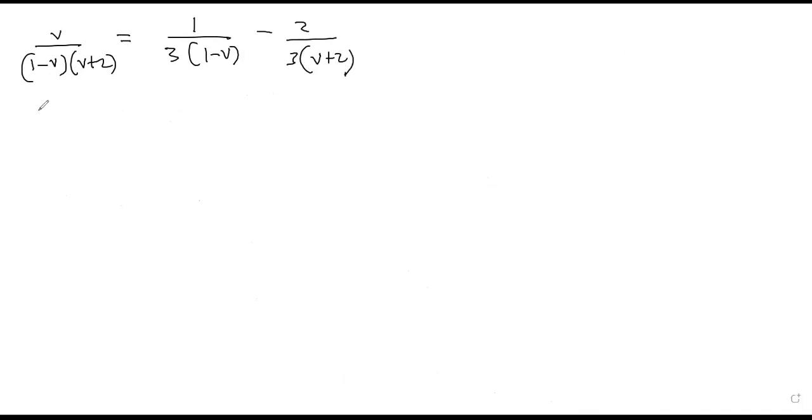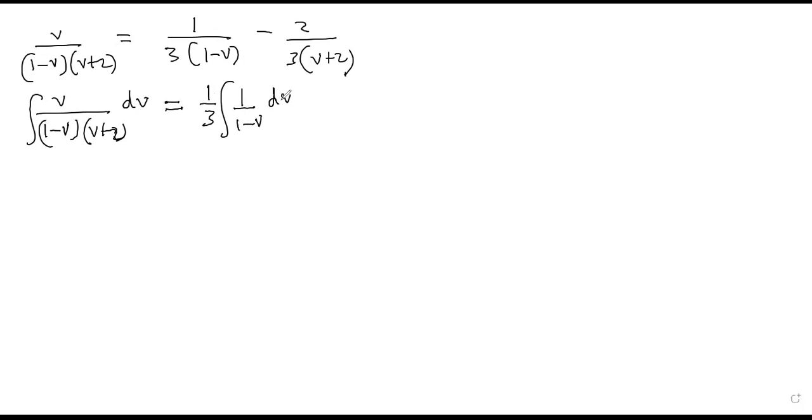Now, it would imply that the integral, because we were at the point where we're going to integrate, the integral of v over (1 minus v)(v plus 2) dv is going to be equal to 1/3 integral of 1 over 1 minus v dv, then minus 2/3 integral of 1 over v plus 2 dv.